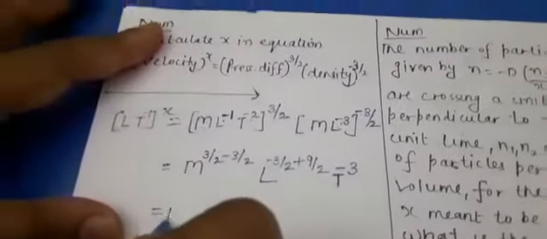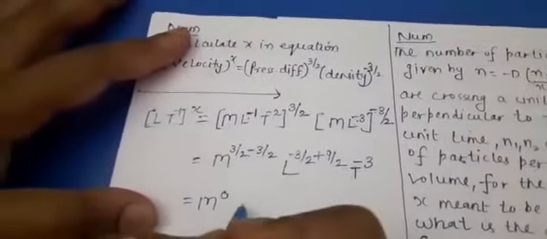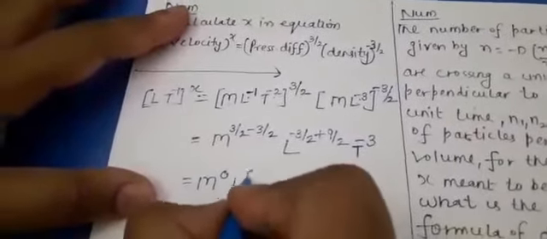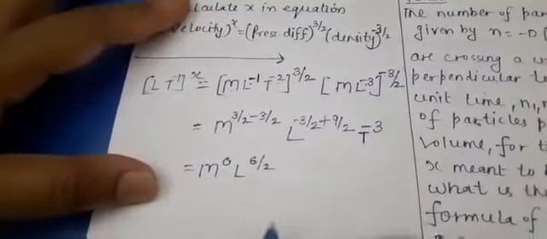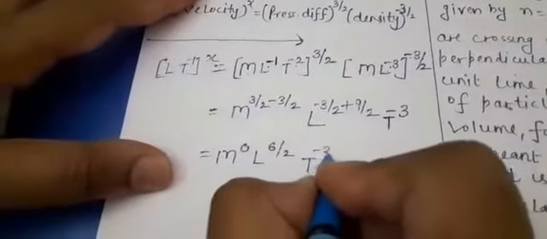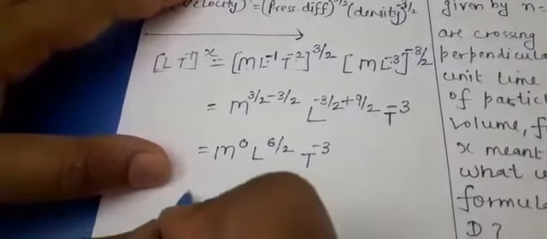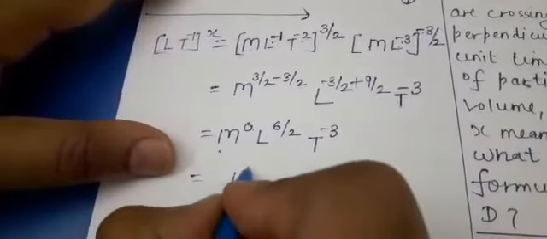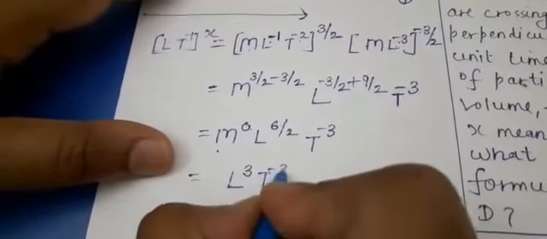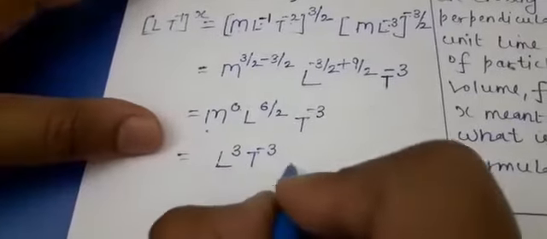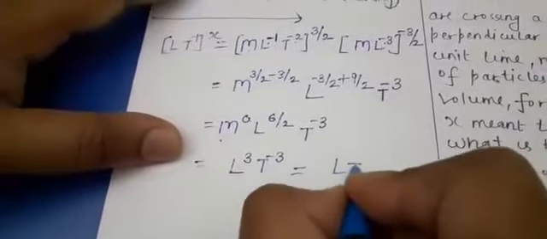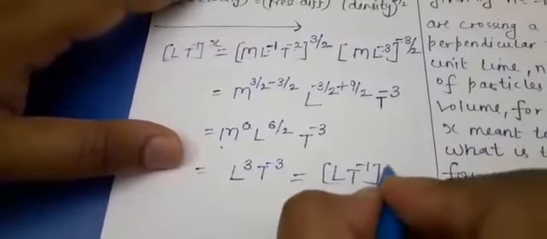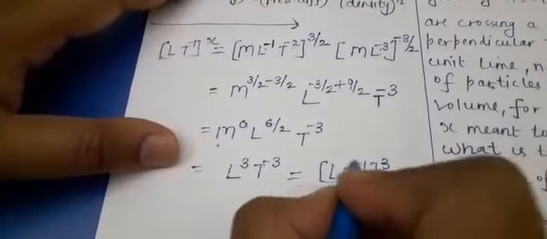So M raised to the power 0, L raised to the power 6 by 2. When you will take its LCM, T raised to the power minus 3. So M raised to the power 0, L raised to the power 3, T raised to the power minus 3. You can also write it as LT minus 1 raised to the power 3.